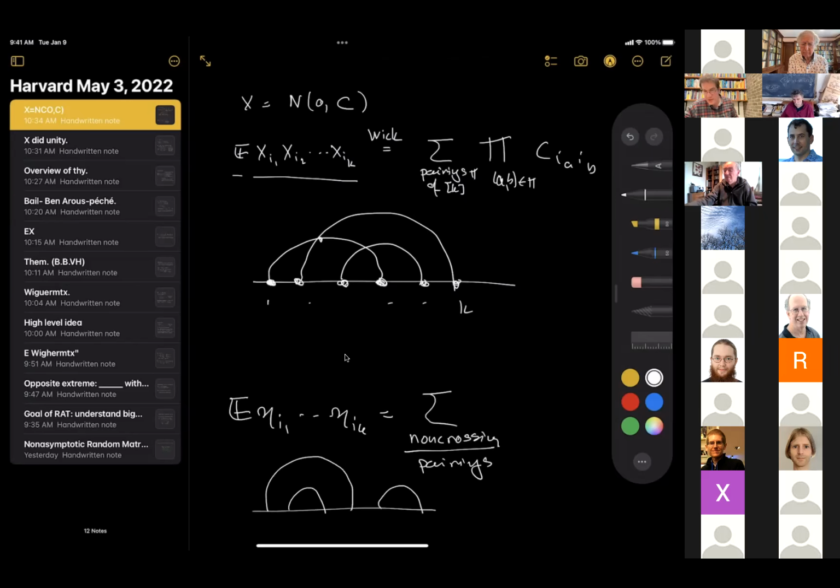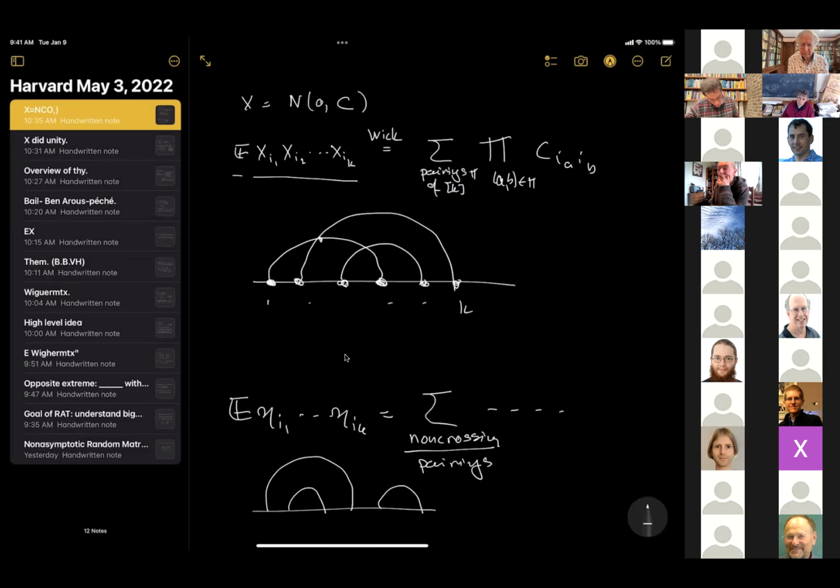This is a non-crossing pairing. It doesn't have any crossings. So this is a subset of all possible pairings. And if you were to sum over all non-crossing pairings, then you would get exactly the analogous object for these semicircular systems. And this is a basic idea of free probability, I believe, due to Roland Speicher.